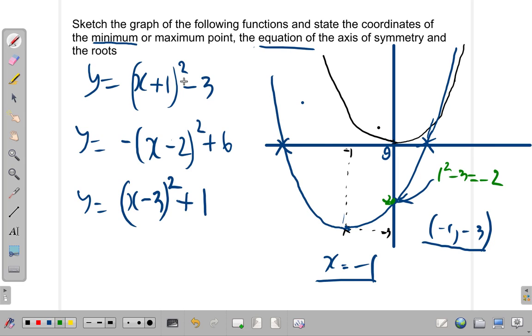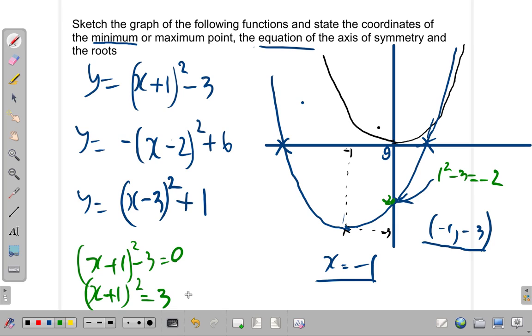If you solve this now and make y equals 0, you say x plus 1 squared minus 3 equals 0. And then you add 3 to both sides. So you have x plus 1 squared equals 3.